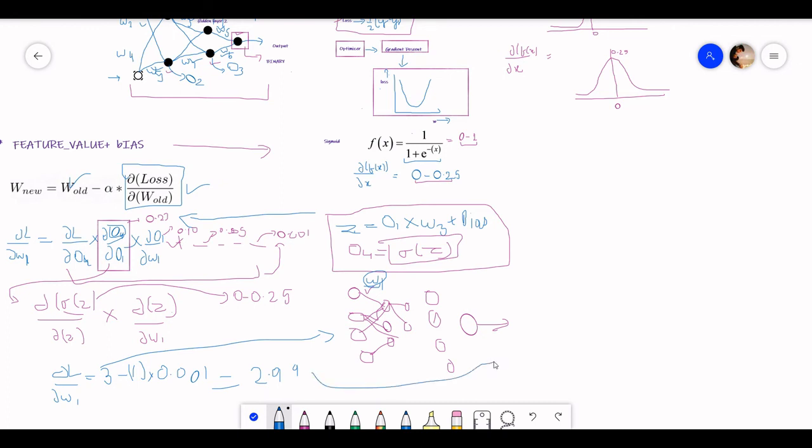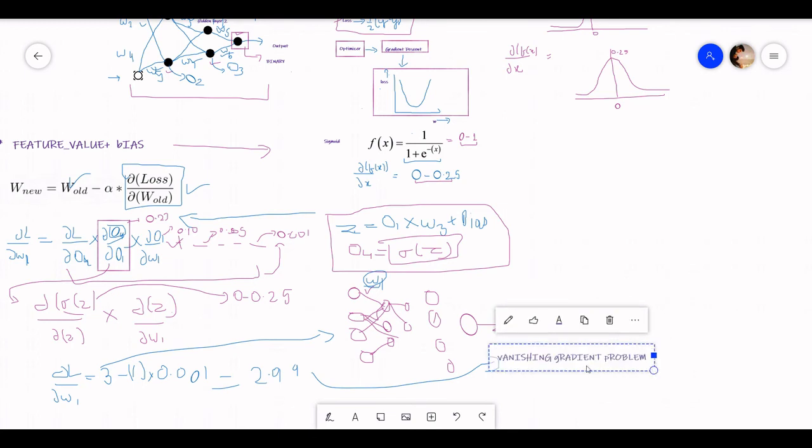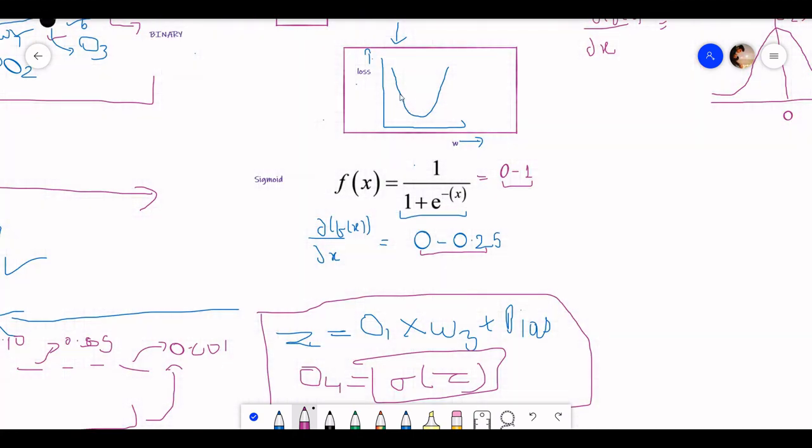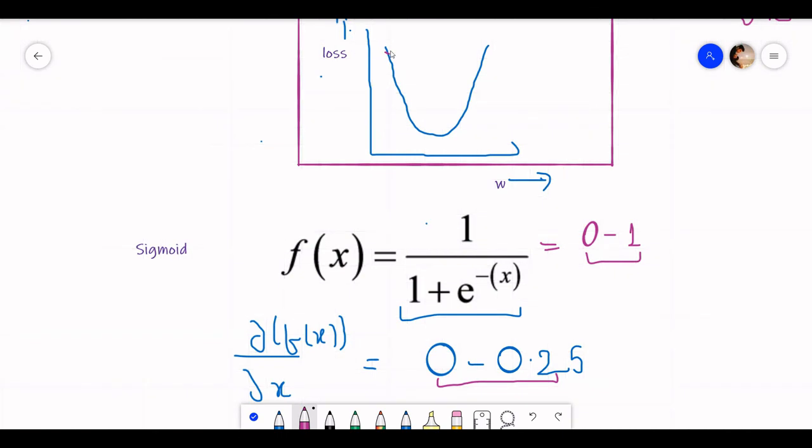This is the vanishing gradient problem. Why? I will tell you. Suppose in our gradient descent, our initial value is somewhere over here.